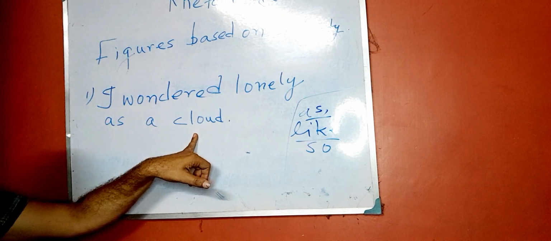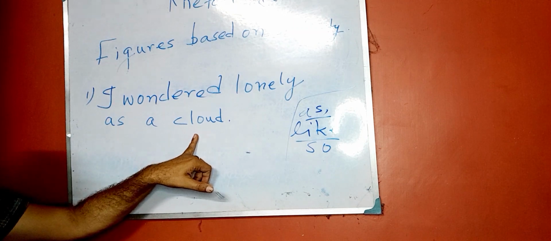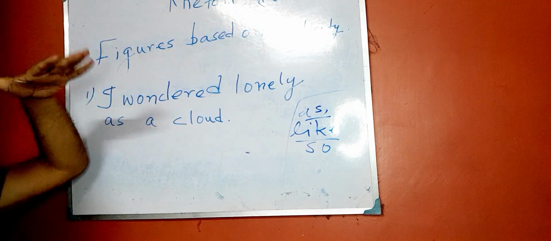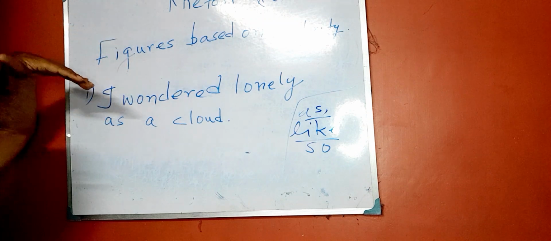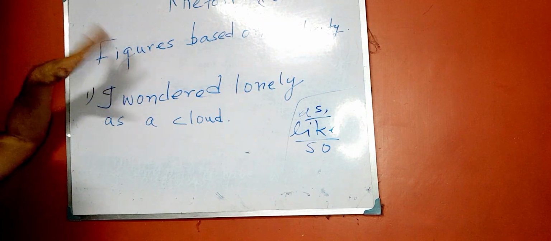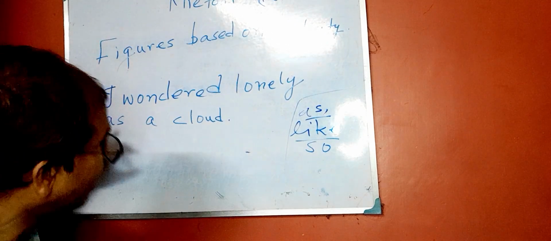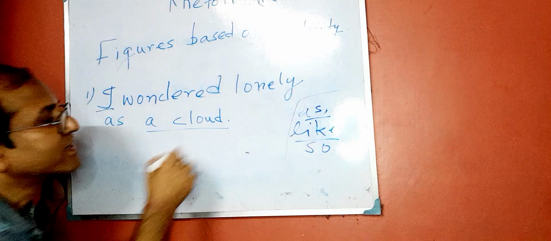Can a poet move like a cloud? No. A cloud in the sky is lonely. The poet also feels lonely here. Here, the I, that is the poet, is compared to a cloud.